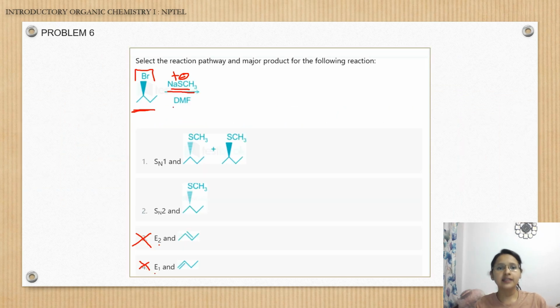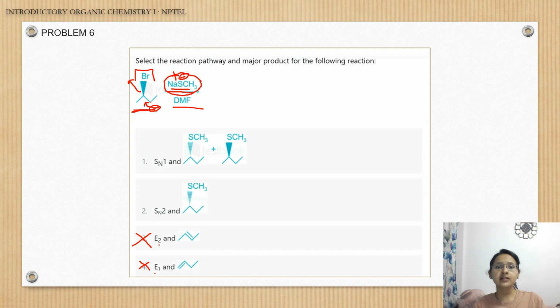But in this case, the sodium methyl sulfide is not a base. Even though it is a strong reagent, it is not a base. So it is not going to abstract any proton from the system. If the abstraction cannot take place, then there is no carbanion that can be formed, and the carbanion that would push out the Br. So that is why there is no elimination reaction that can happen here.